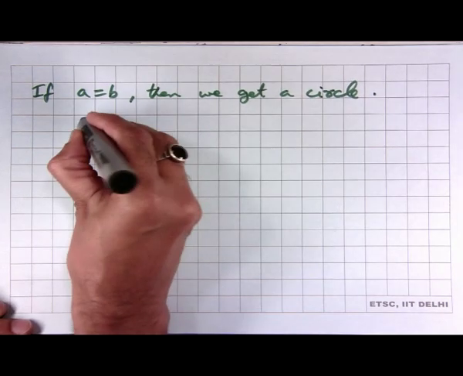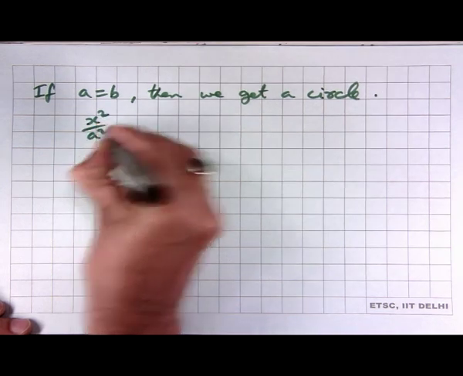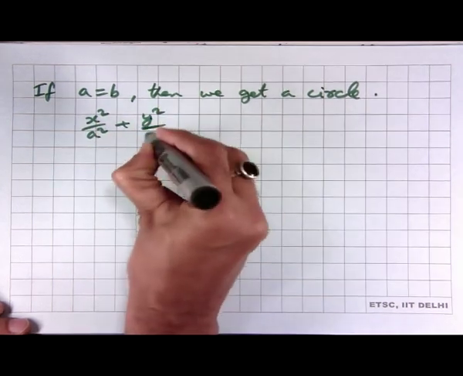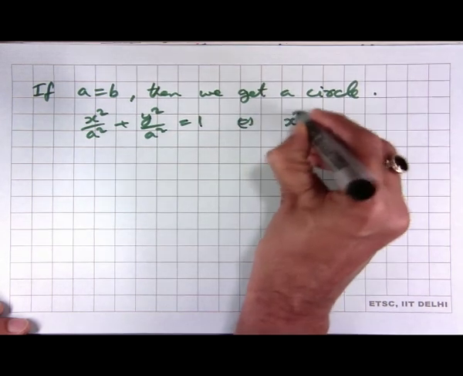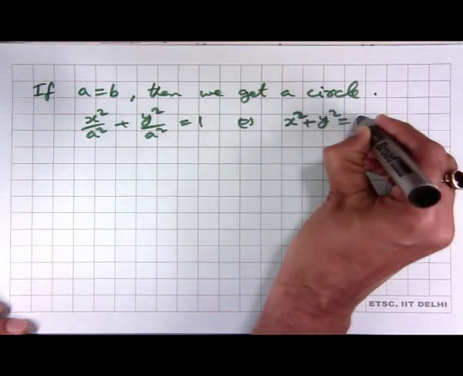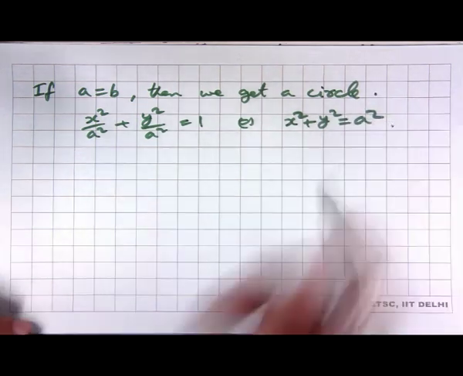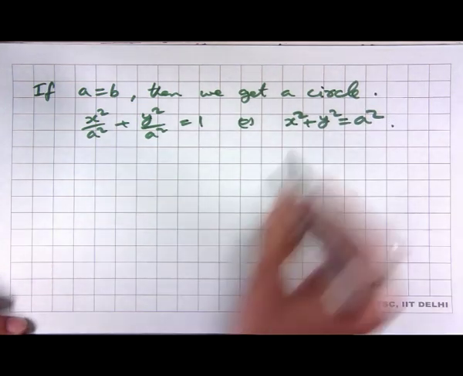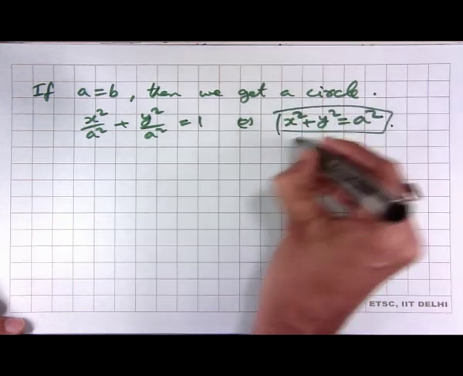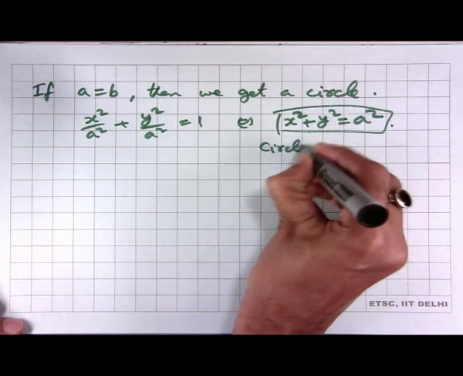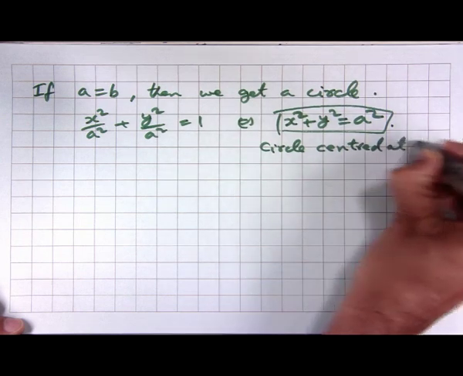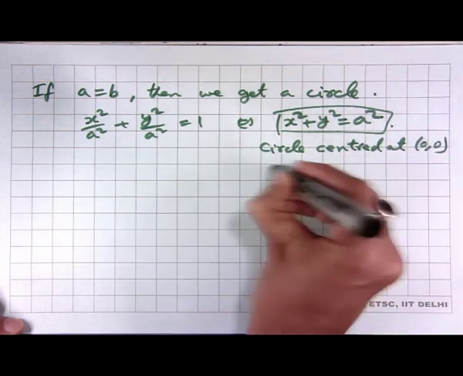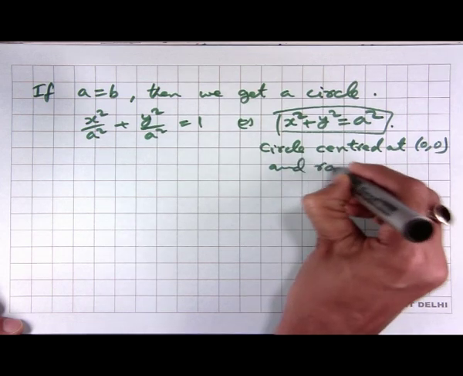So, we will get x square by a square plus y square by a square equal to 1, that is x square plus y square equal to a square. So, this is the circle centered at origin and radius a.